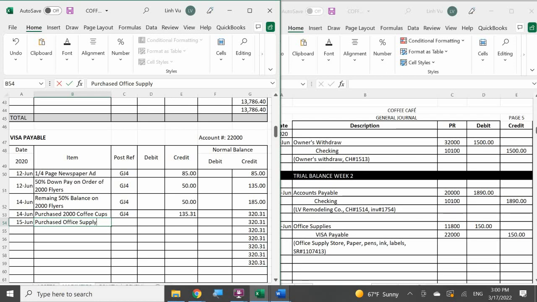So you could just say I bought office supplies. All right. And it's going to increase your credit card by 150. So therefore, what is your total credit card balance right now? 470.31. Don't forget the three there. $300 more. So in this case, yes, 470.31. Good. Okay.